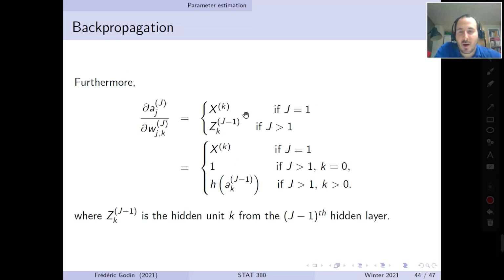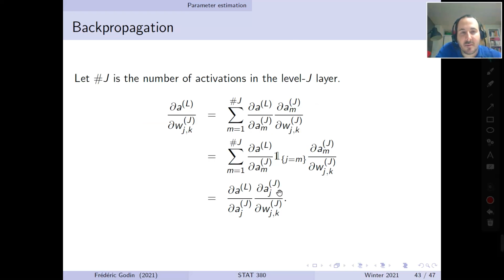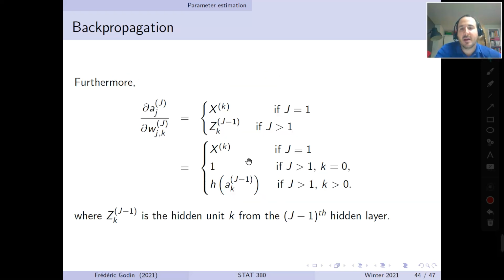Okay, so as we said, let's focus on the second term here. The jth activation in the jth layer, we want its derivative with respect to wjk of capital J. And recall that from earlier calculations, the partial derivative of a with respect to the parameter wjk was xk if you're in the first layer, because in the first layer the activation is simply a linear transformation of the xk's with respect to the w's.